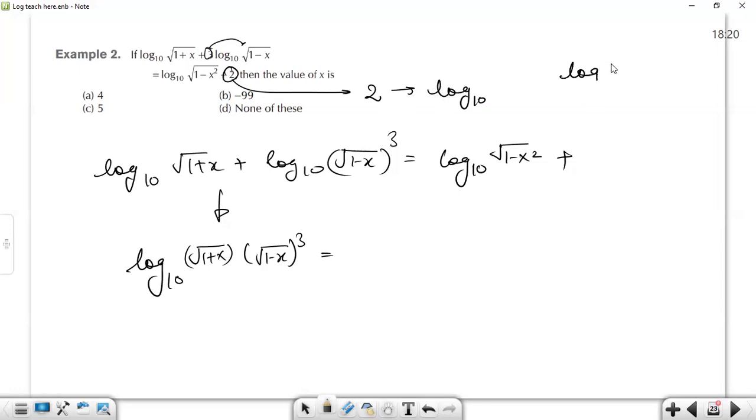So now tell me, logarithm of 10 to the base 10 is what? Think, no problem. Just think about the basic definition of logarithm.